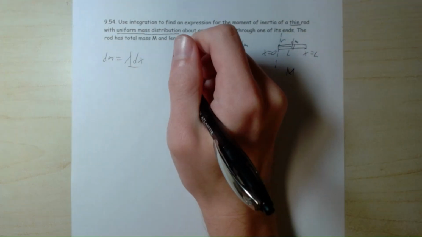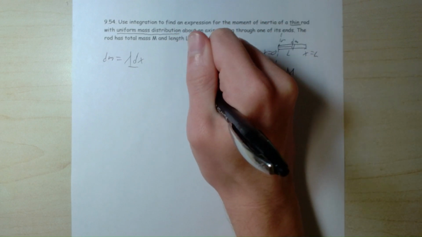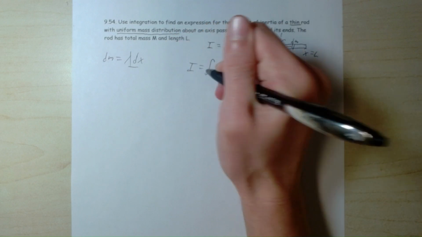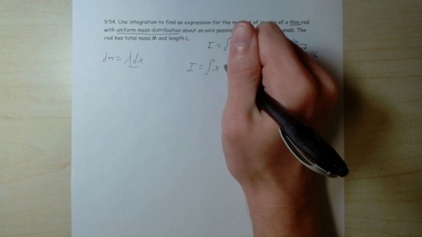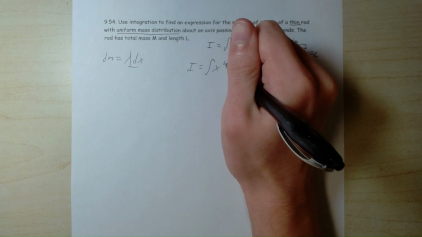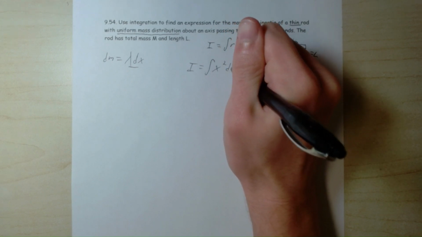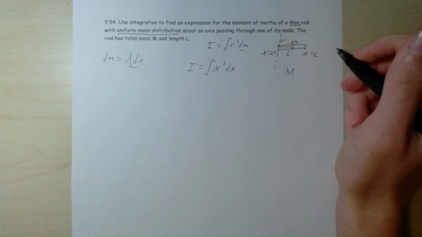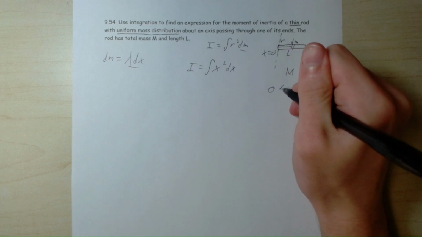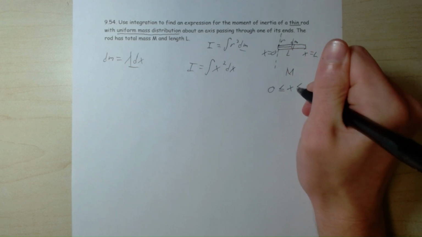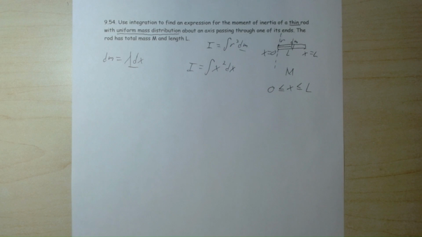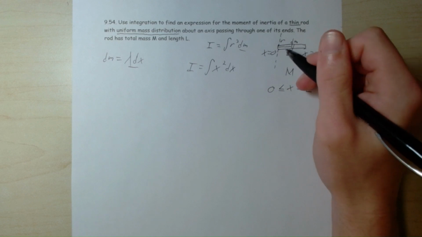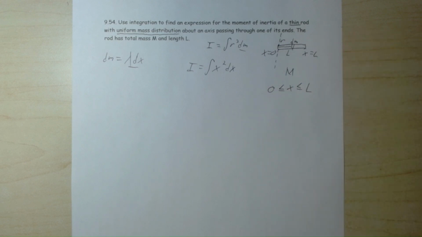So we can rewrite this as I equals the integral of x squared dx. And our limits of integration are going to be 0 to L: 0 is less than or equal to x is less than or equal to L, because x starts at 0 and ends at L, because the length of the rod is L.